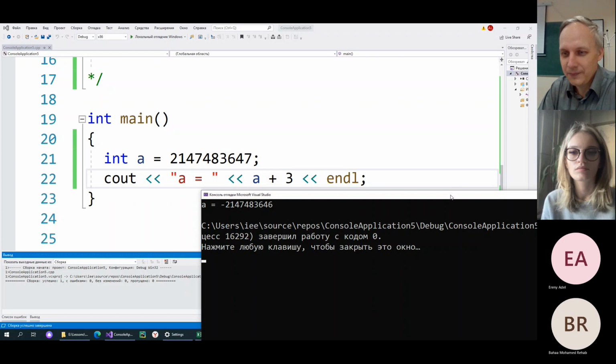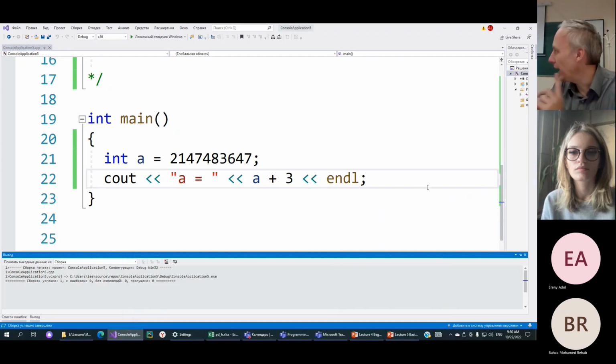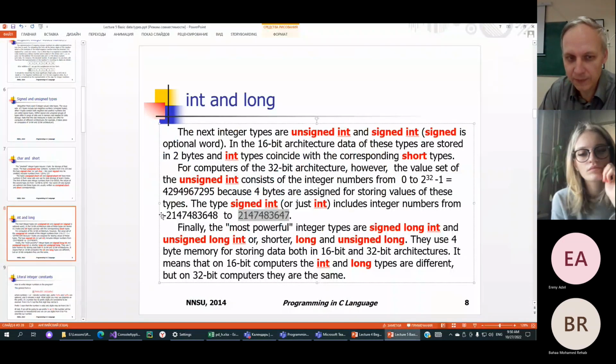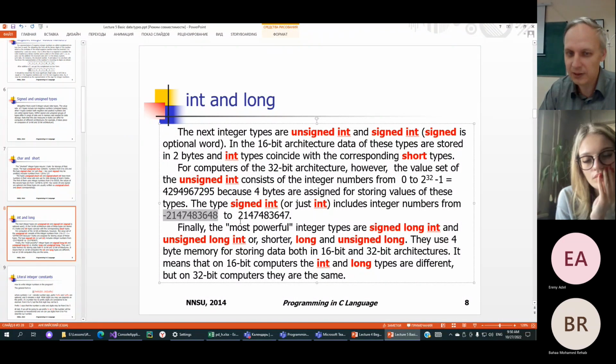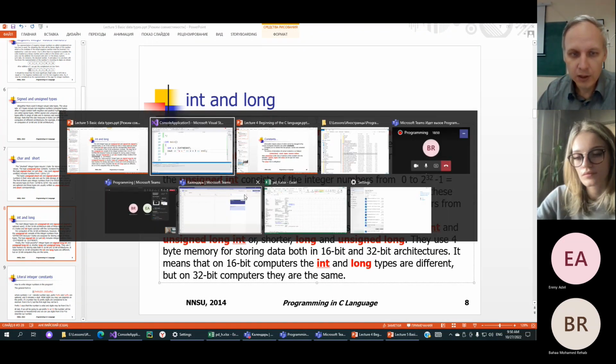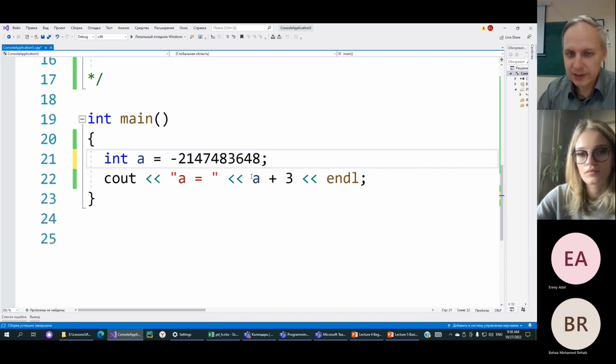It starts from the bottom. And also, what is the smallest negative number? This is the smallest negative number that can be represented in the type int.